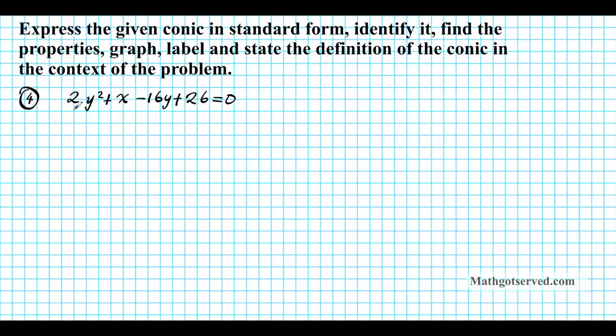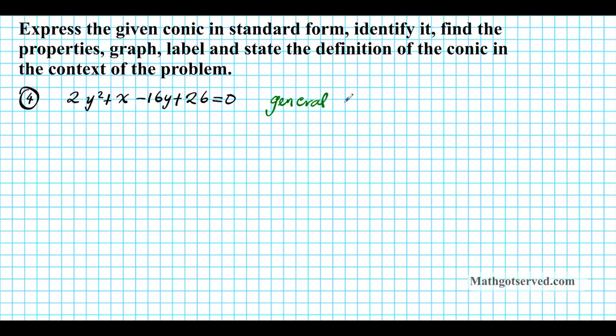The answer is yes. If you look at this conic, what you notice is that only one variable is squared, and that is the y squared. So you have only one variable squared, that's automatically a parabola. All right? So this is a general form of a parabola.